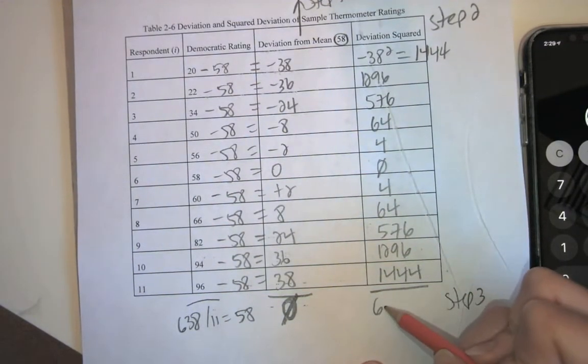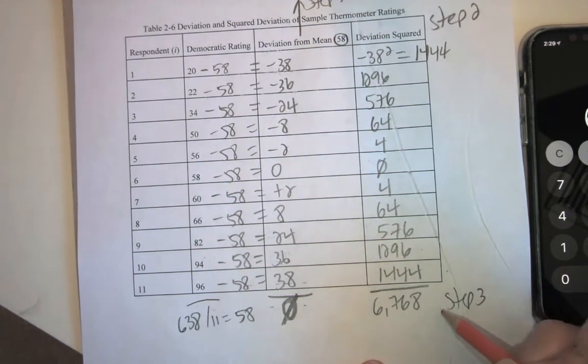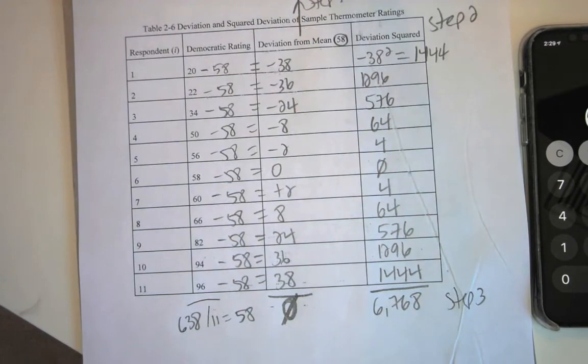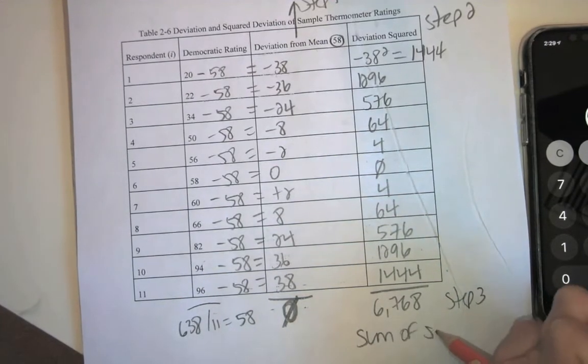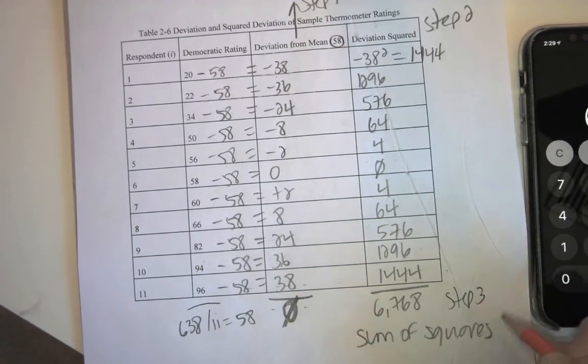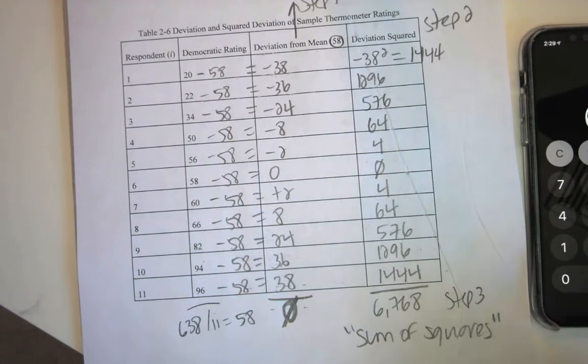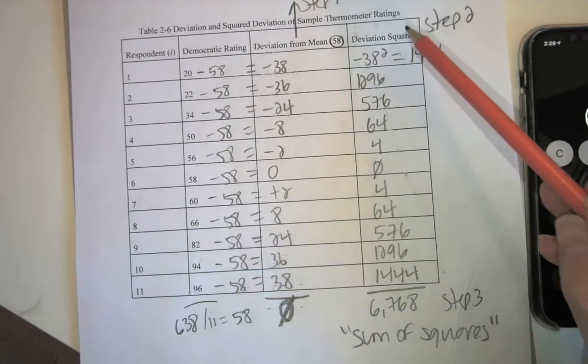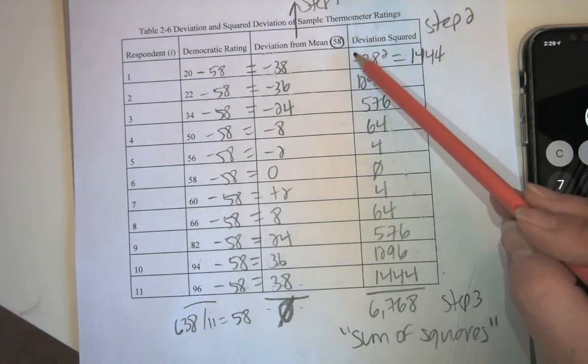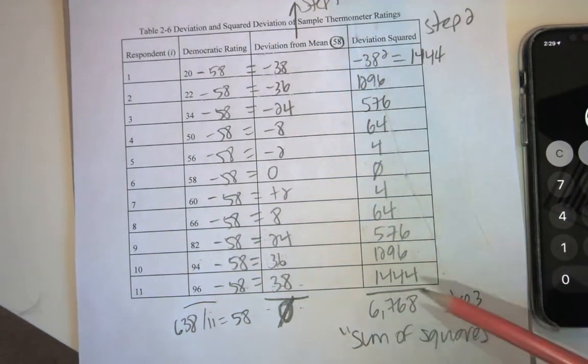And I come up with 6,768. So that's step 3. That is your sum of squares. The sum of squares is the sum of the deviations for each value squared.